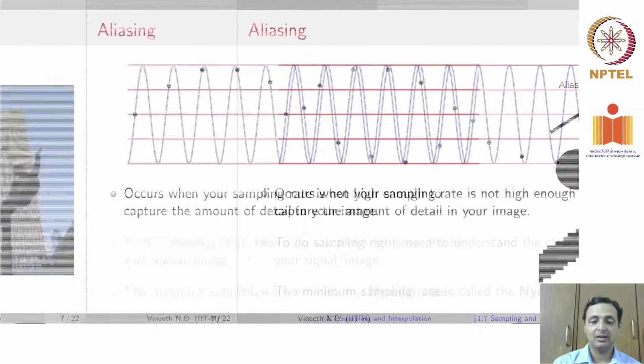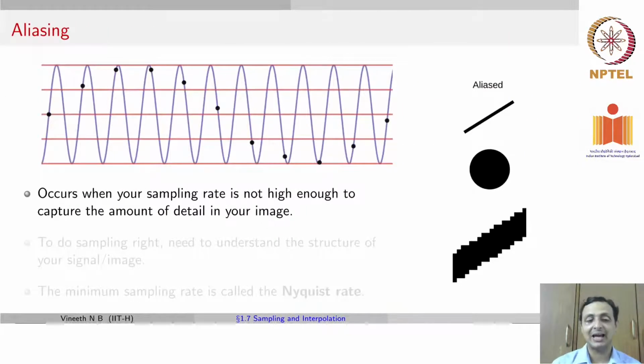This effect is also known as aliasing. Aliasing generally happens when your sampling rate is not high enough to capture the amount of detail in the image. We're going to see a couple of examples and then revisit the painting that we saw and how you ensure that it's not crufty.